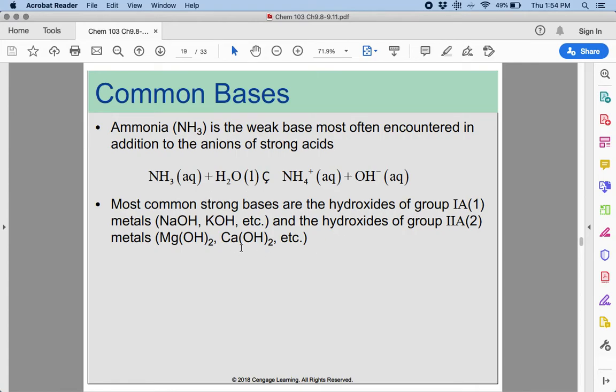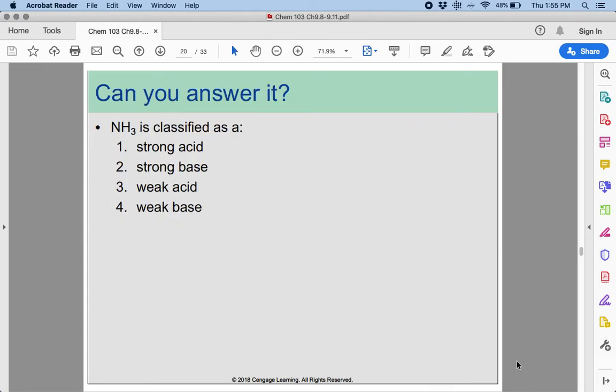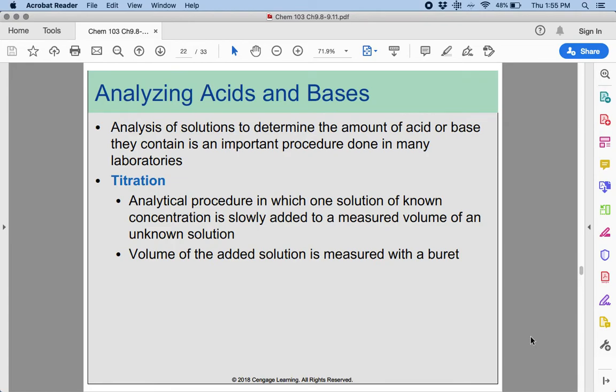If we were to go through this, we would know that this is a weak base, so it's only going to partially dissociate. We're only going to have a little bit of this reaction going back and forth. NH3 is classified as a weak base, so it only partially dissociates.